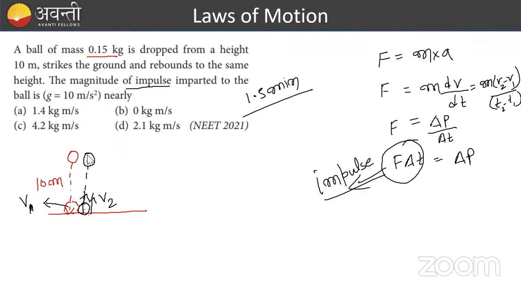It is being dropped, so its initial velocity is 0, and the final velocity after traveling through the 10-meter height is v1.